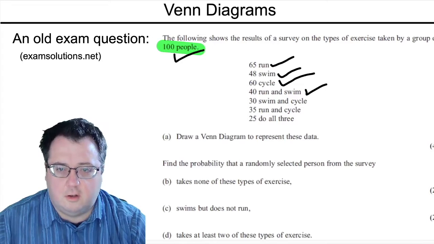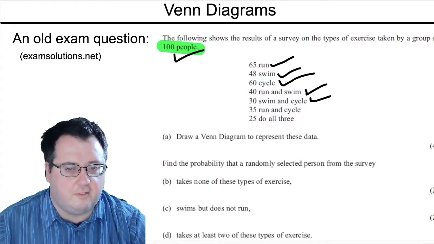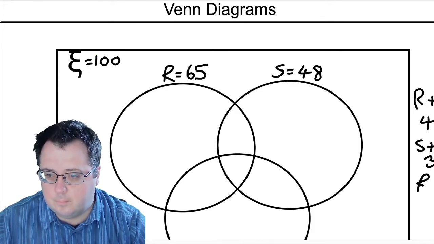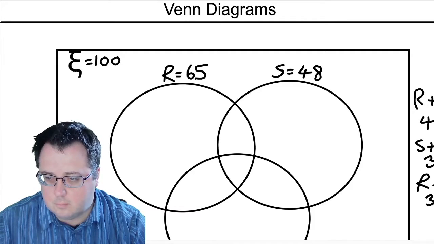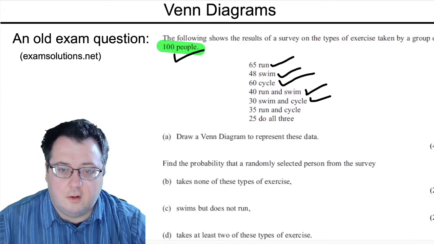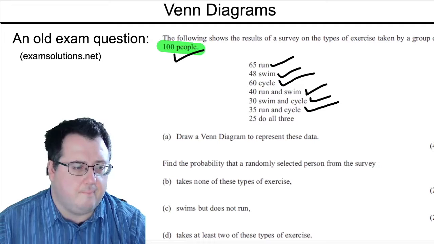And then run and cycle is 35. Finally, 25 do all three.